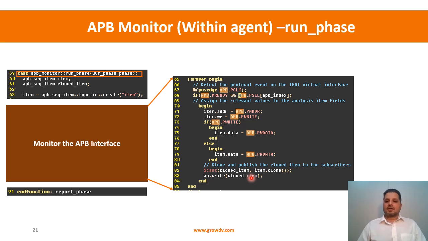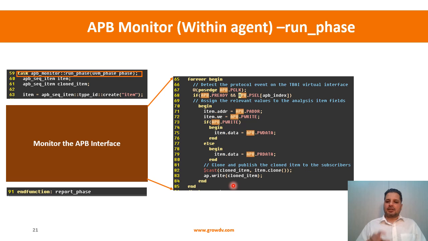All the subscribers are not expected to modify this transaction. If they want, they should copy it, do a deep copy within their own processing, and then if they want to modify it or store it for further reference, they need to do that. So when we do the ap.write, the corresponding write implementation in all connected analysis port subscribers, or the scoreboards, gets invoked, and they get to see this particular transaction.